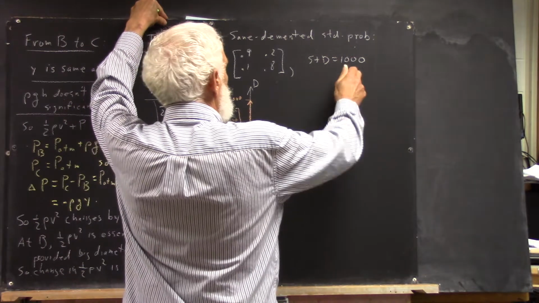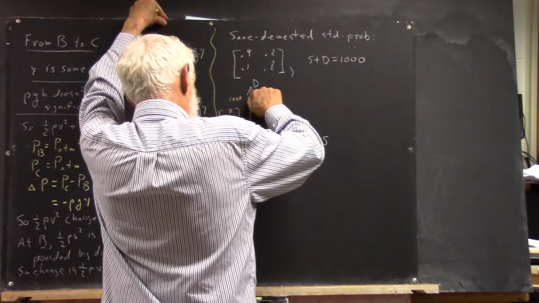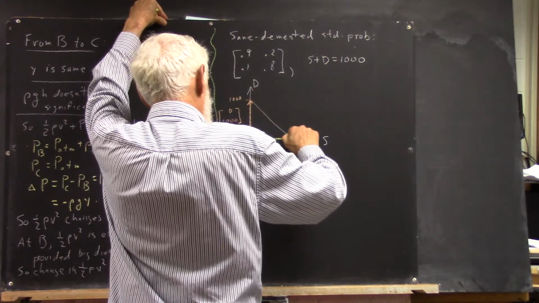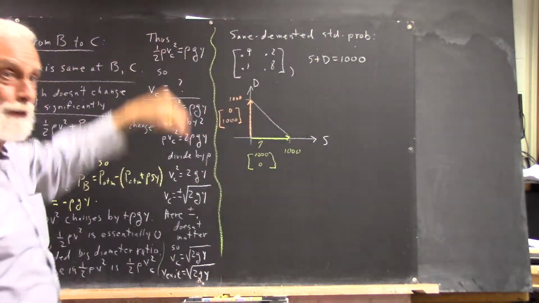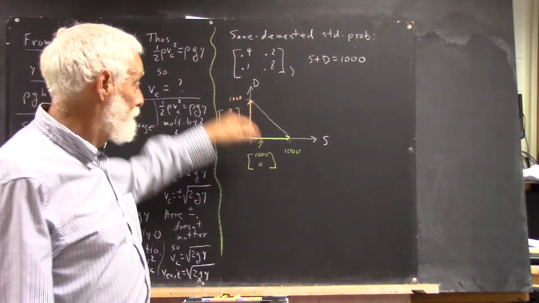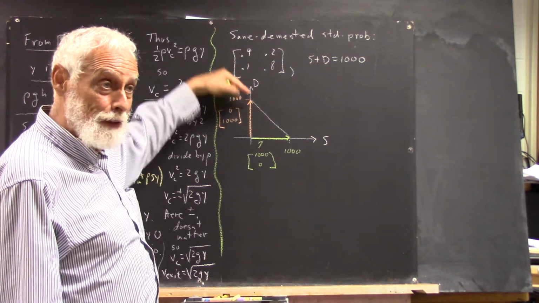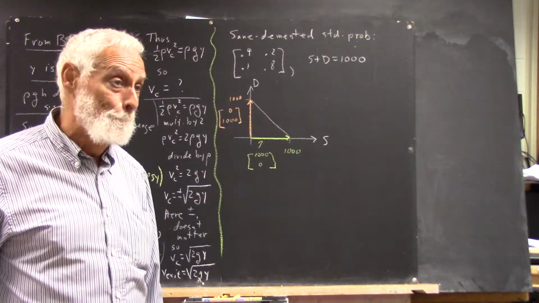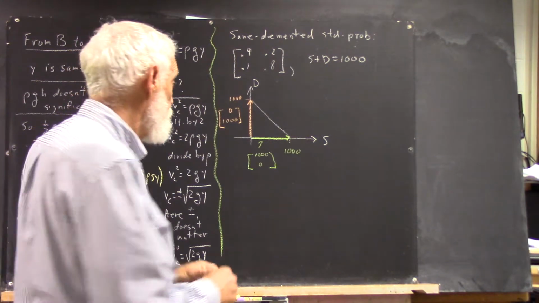Well, S plus D equals 1000 tells us that D equals 1000 minus S. That's a straight line with vertical intercept 1000 and slope -1, isn't it? Okay? So this is the line.